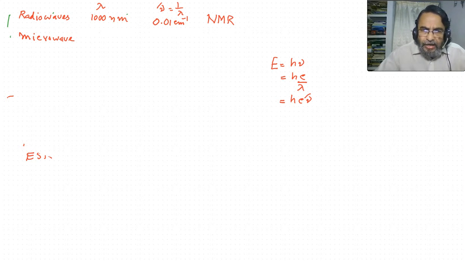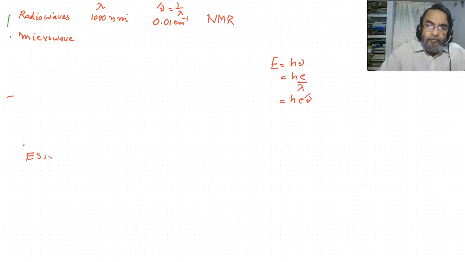So interaction of radio wave with an organic molecule will give nuclear magnetic resonance spectra. It's a very valuable tool for organic chemistry, especially for the determination of structure and all other properties. Even the presence of isotopes can be determined using nuclear magnetic resonance. This is very similar to MRI scanning in medical diagnosis.